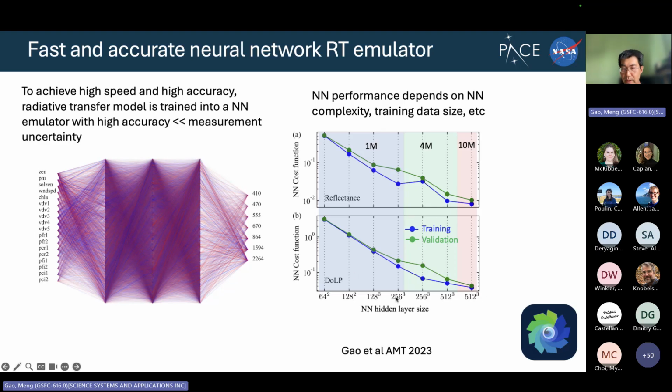Basically, we can control the accuracy by using a more complicated neural net, also adding more data. In this way, we can use the best neural net with the best accuracy for the retrieval, and we can also use a smaller one with faster speed to get a good first guess. In this way, we can optimize both speed and accuracy.